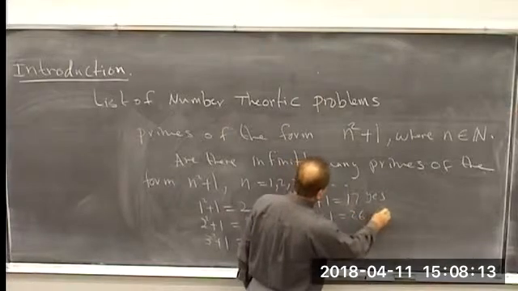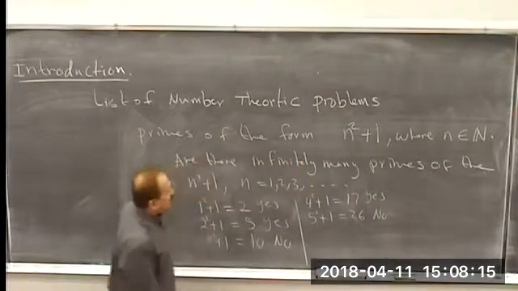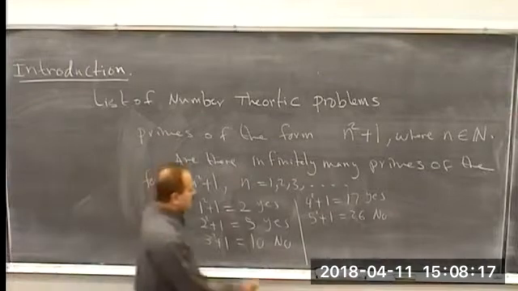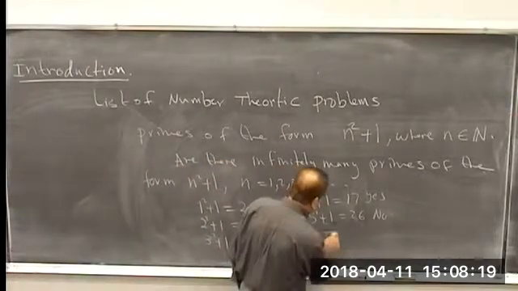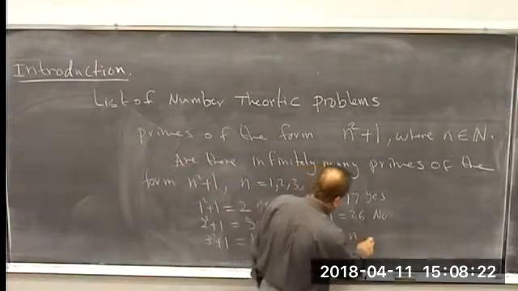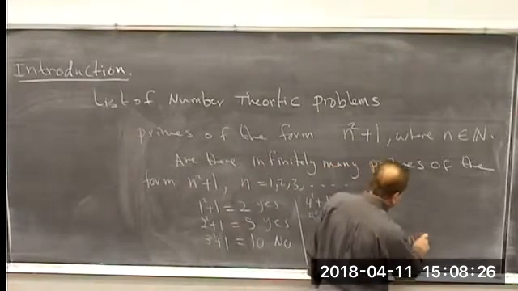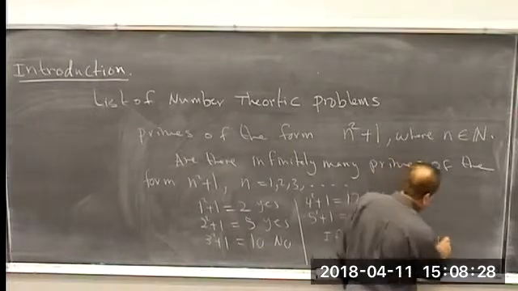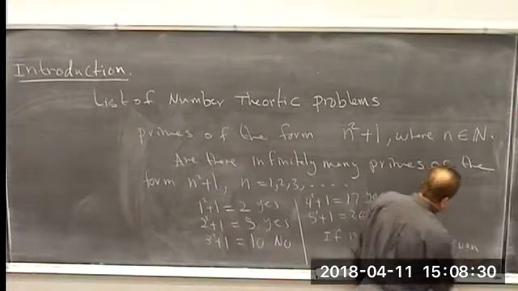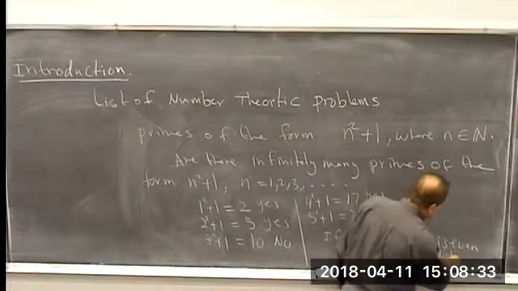5 squared plus 1 is 26. No. In fact, it's not very hard to see that if n is odd, n squared plus 1 is even, which means it's not prime.